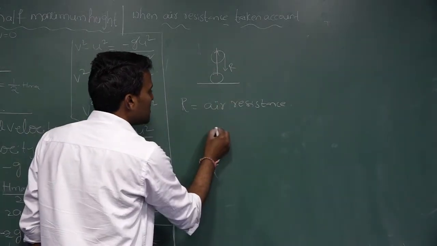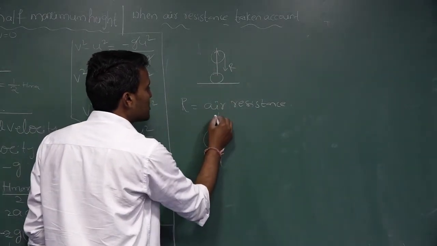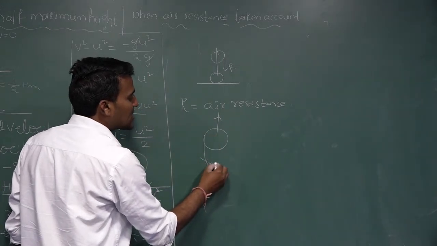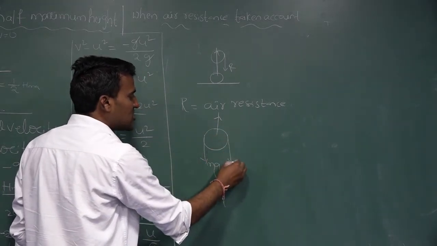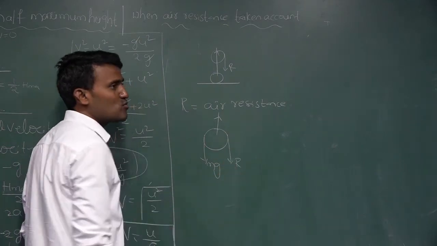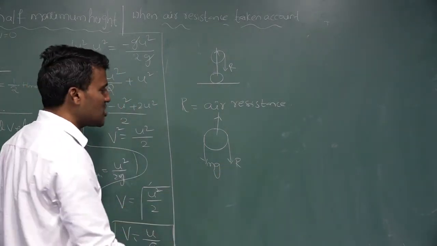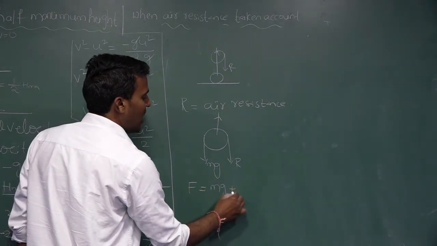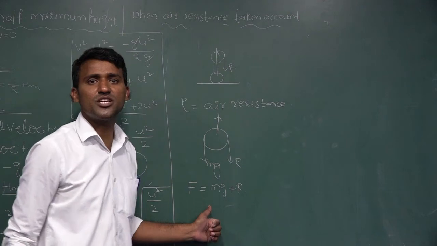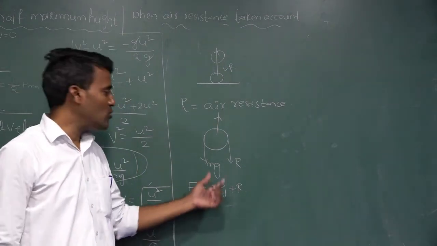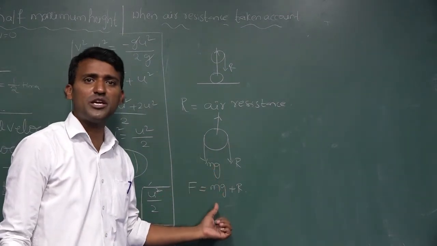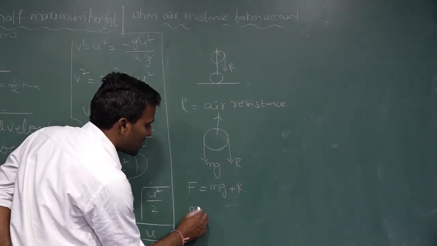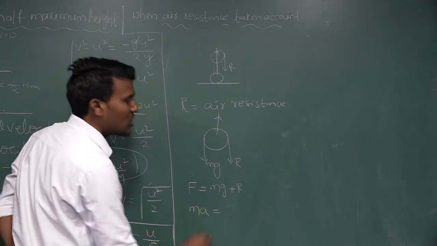So I am giving this one. When the object is going upward, the weight of the object is acting downward. Air resistance force is opposing that motion. So force F is equal to mg plus R. The resultant force is both forces acting downward, so that's why I have written mg plus R. At that moment, F is nothing but ma.